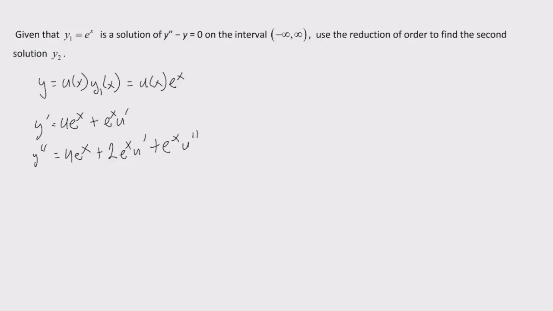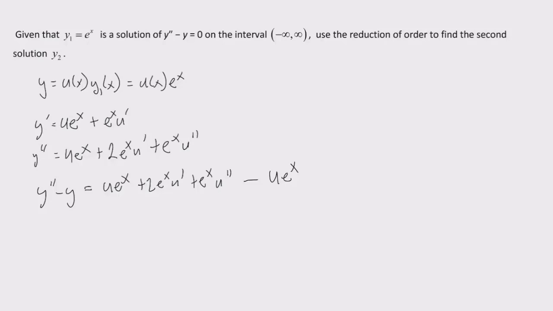And if we evaluate y second minus y, we get u e to the x plus 2 e to the x u prime plus e to the x u double prime, minus y, which is u e to the x. Then we want to factor that.